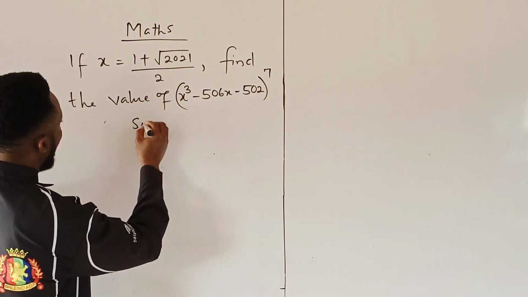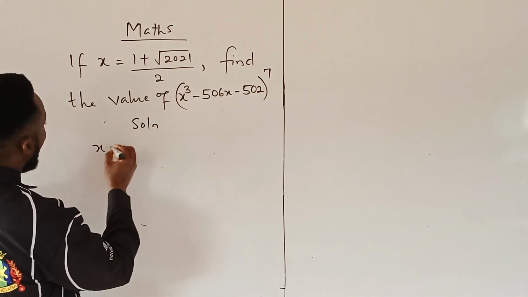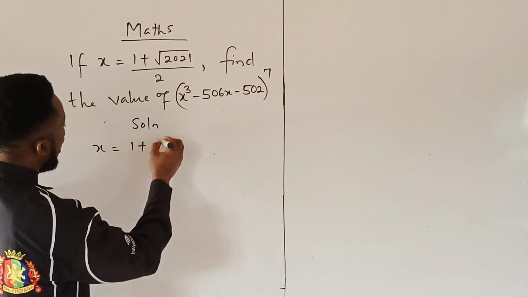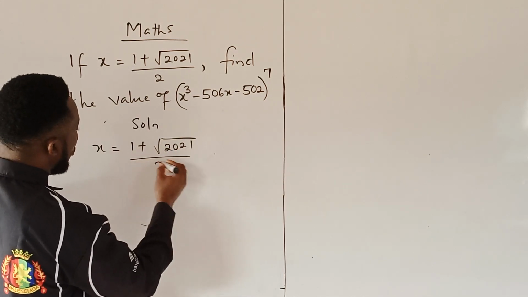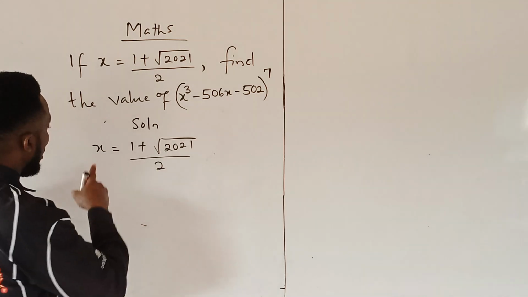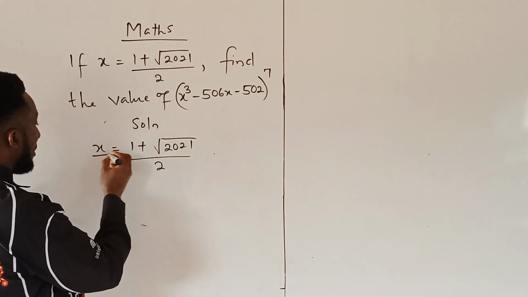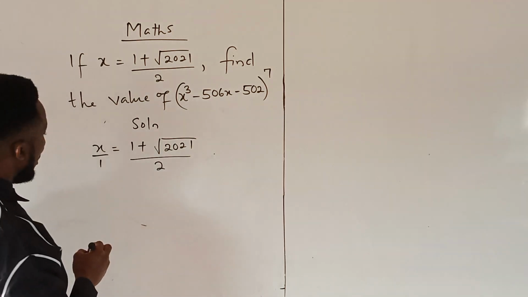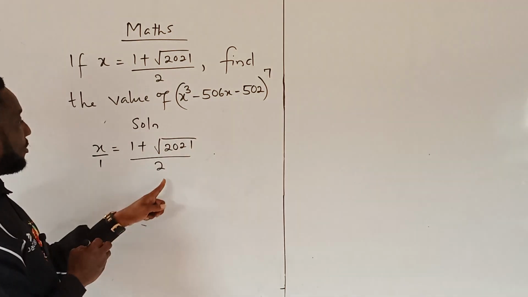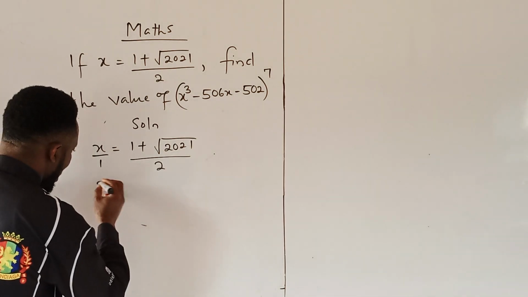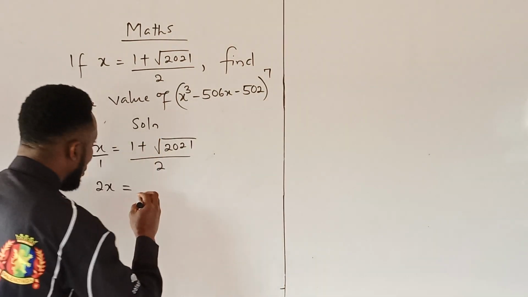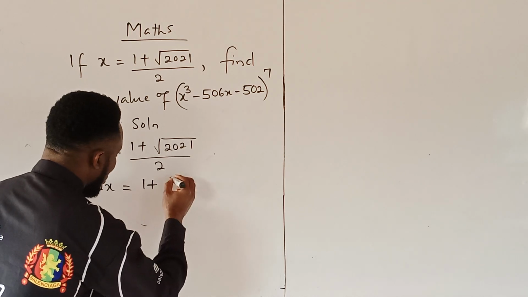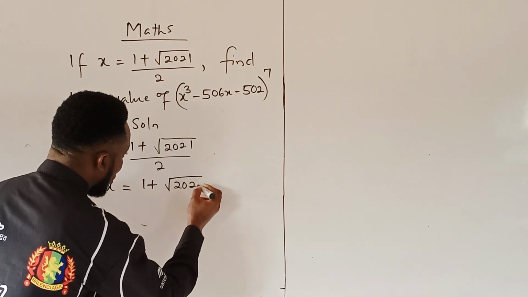So we shall start by saying s is equal to (1 plus the square root of 2021) upon 2. I want to make this a fraction, so I'll divide it by 1. The next thing I shall do is cross multiply. 2 multiplied by s is 2s. 1 multiplied by this entire numerator remains the same, so I'll write the square root of 2021.